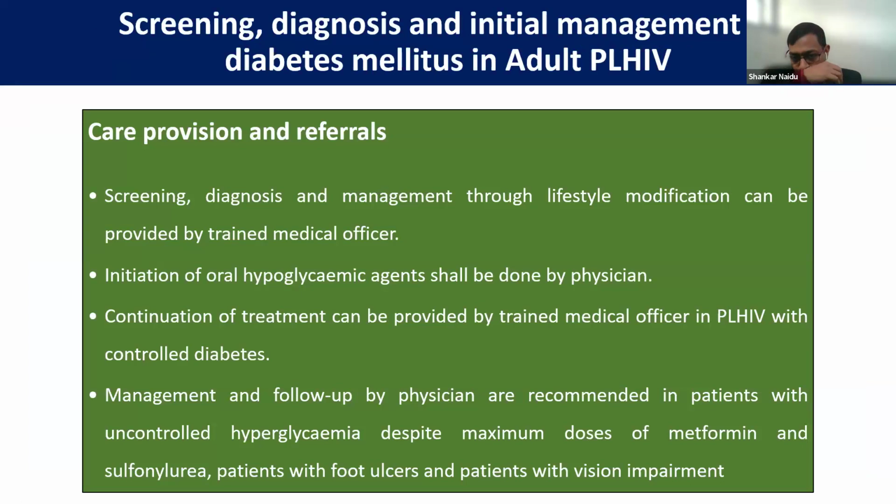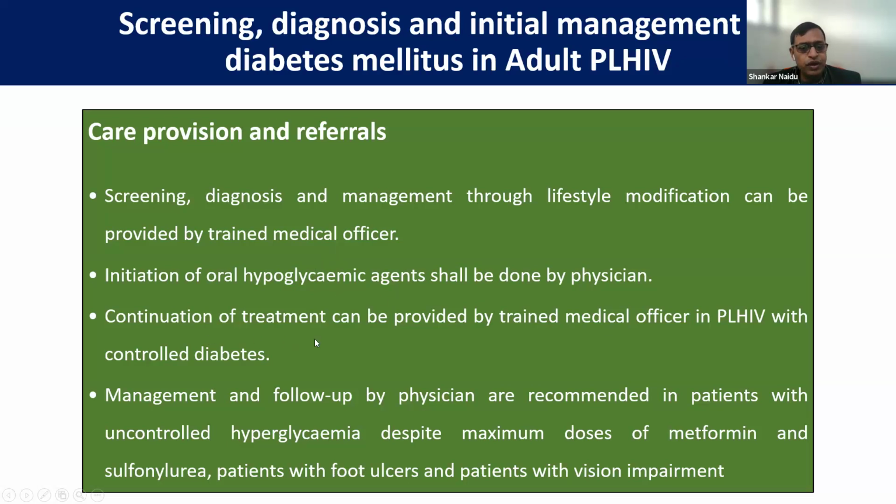So again, coming back to the referrals, when should we refer these patients? Screening, diagnosis, and management through lifestyle modification can be done at the ART center. However, to initiate oral hypoglycemic agent, the patient has to be referred to a physician who is expert enough to deal with diabetic patients.